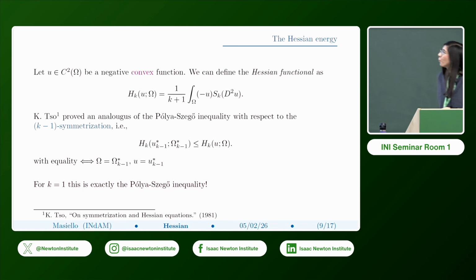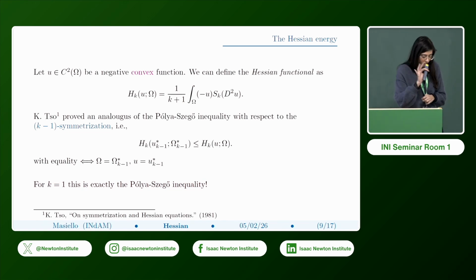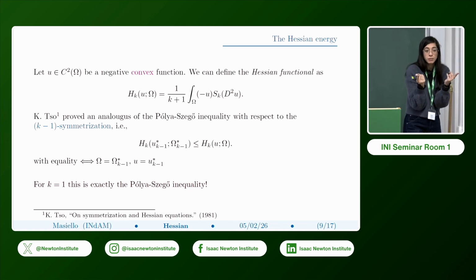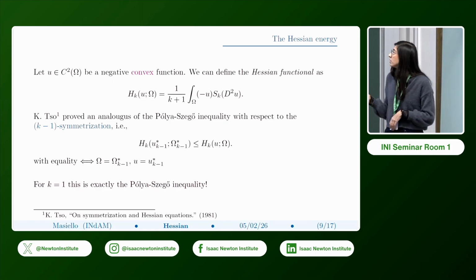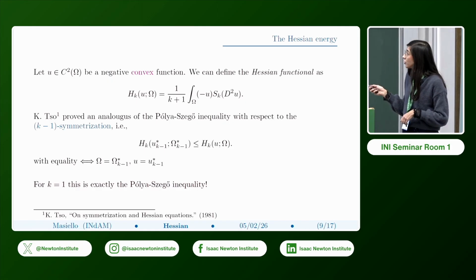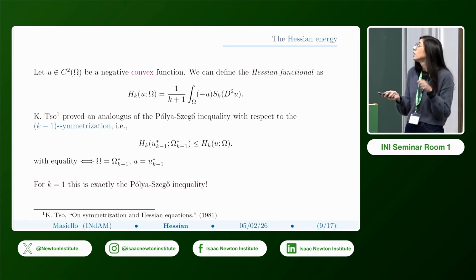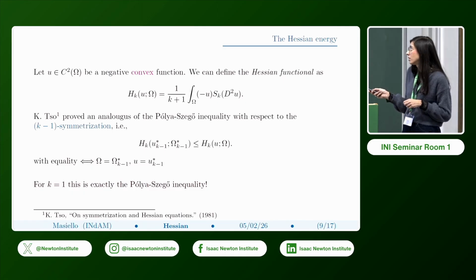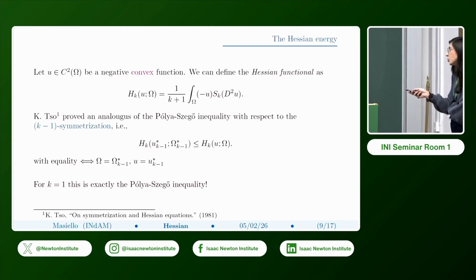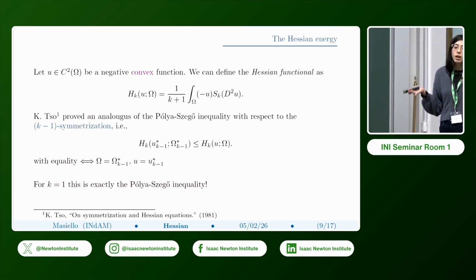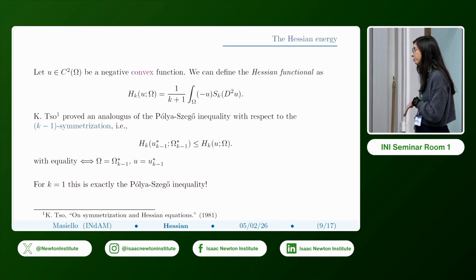We have the n symmetrization, which is the one that decreases the Hessian energy. If you start with the Hessian energy with k here, then you have to apply the k minus 1 symmetrization in order to have a Pólya-Szegő type inequality.